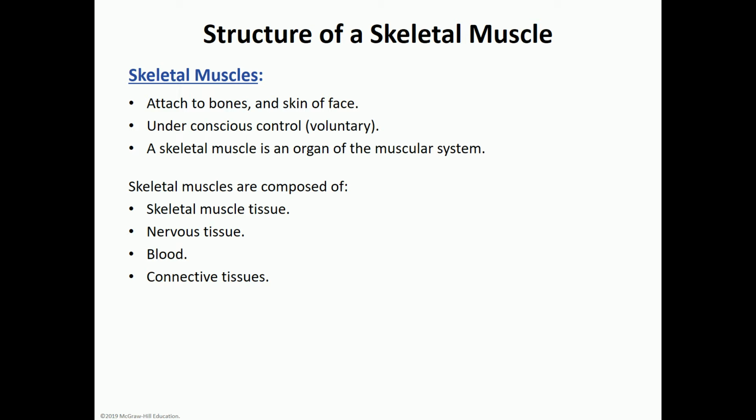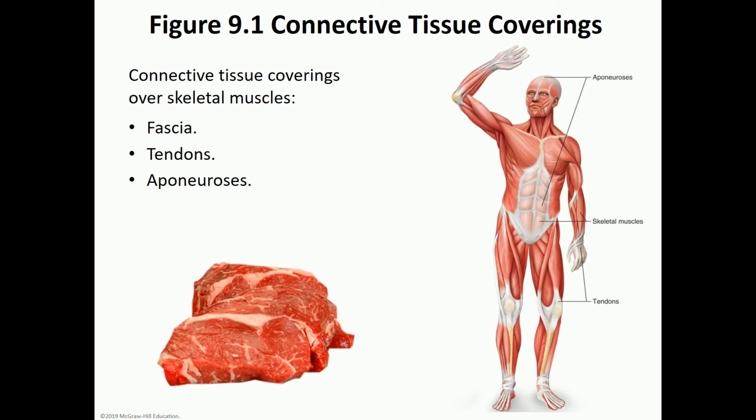It has connective tissue. There are lymphatics as well. So the skeletal muscle as an organ is made out of more than just the skeletal muscle tissue. But what we will be talking about in these next couple of slides will be your skeletal muscles, the tissue, just the tissue proper.